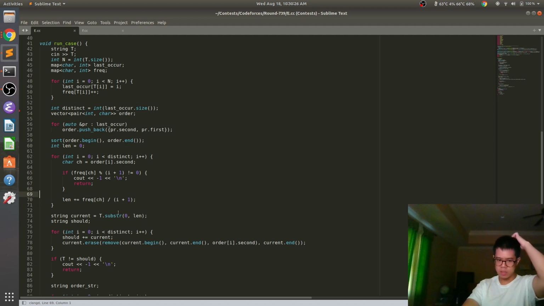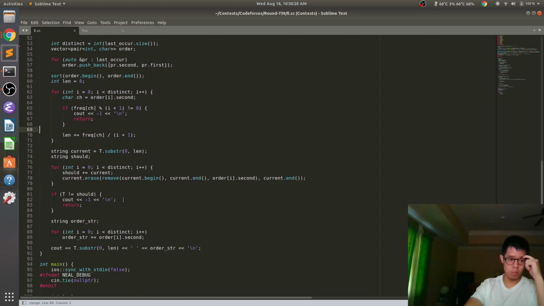Once we have the length of s, we know what the original string has to be, and we know what the order has to be, and we're just checking that it works. So we're building up what it should be, and we're just simulating the process here. We add the string, and then we remove all copies of this character from the string. We check that they're equal, and once they're equal, we're good.